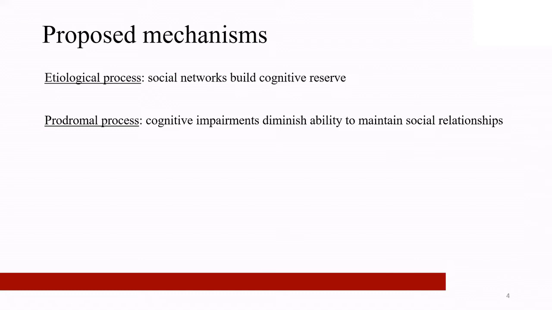But it's within this latter line of thinking that comes the important distinction between objective measures of cognitive decline and subjective measures. On one hand, objective cognitive decline occurs regardless of whether the individual is aware of it. The prodromal process would hold that objective cognitive impairments are responsible for network contraction.